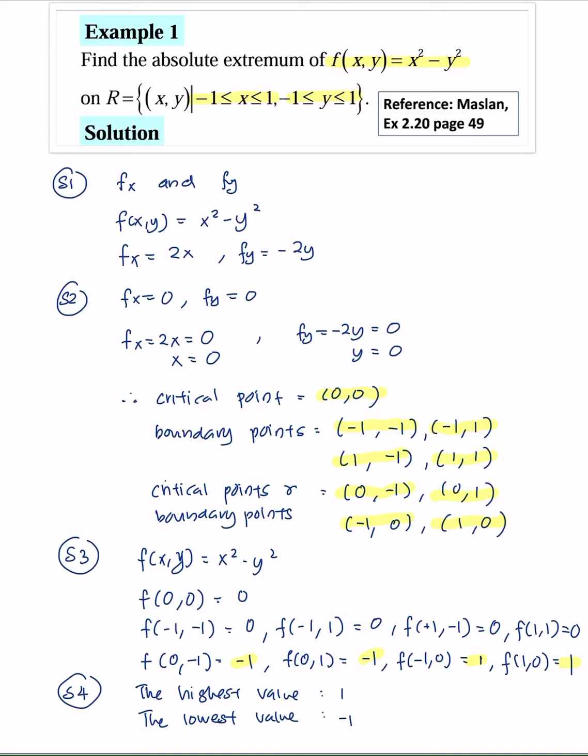Therefore, what we can say here is the absolute maximum is 1, and the absolute minimum is minus 1.